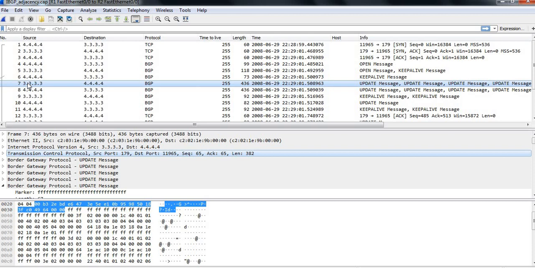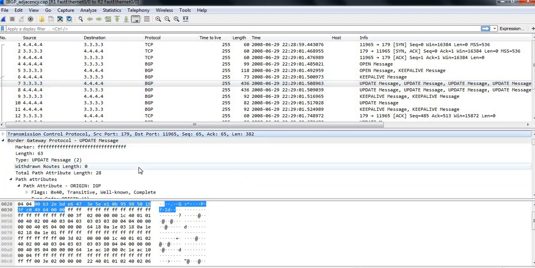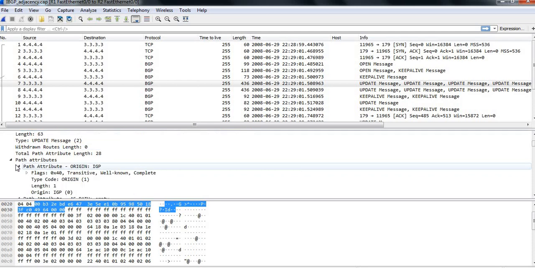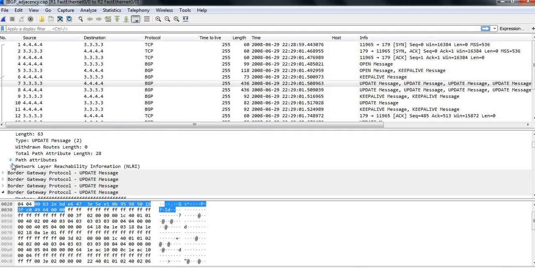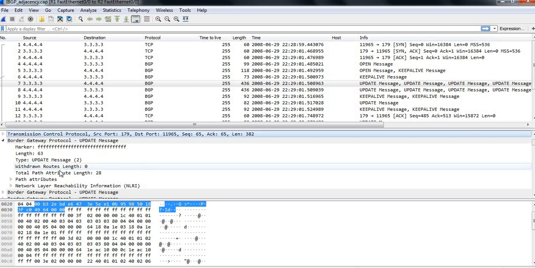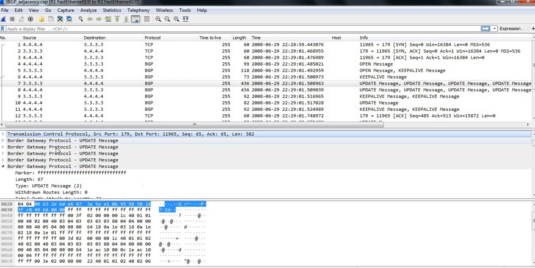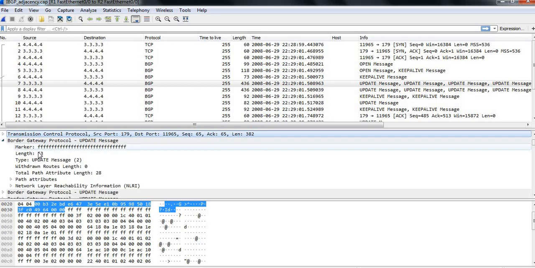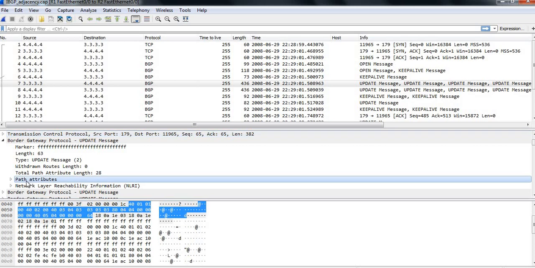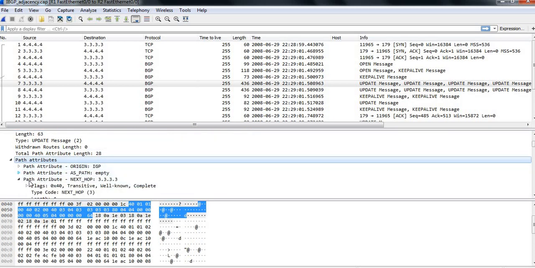I have clicked on this update message, so we can take a look at it. If you go down here, you can see a field called path attributes. In this BGP update packet, in the path attributes, you can see that there are various attributes.